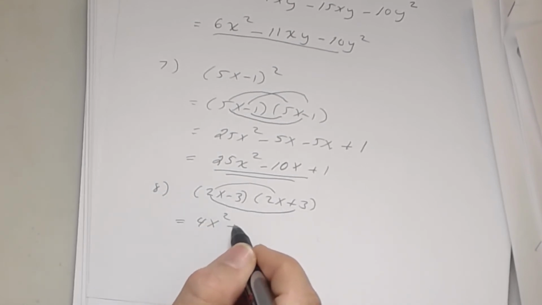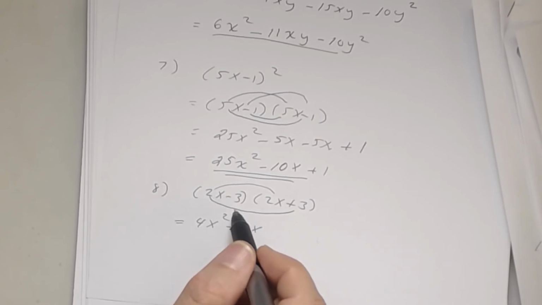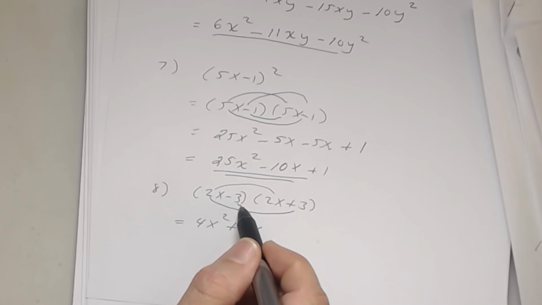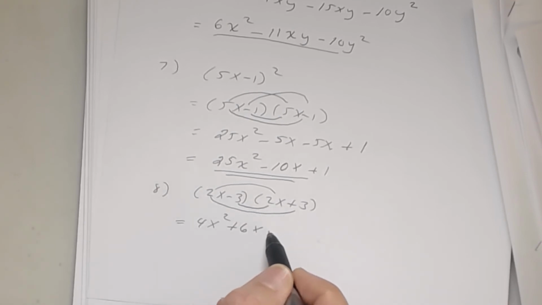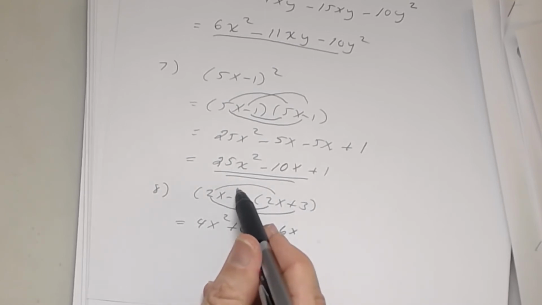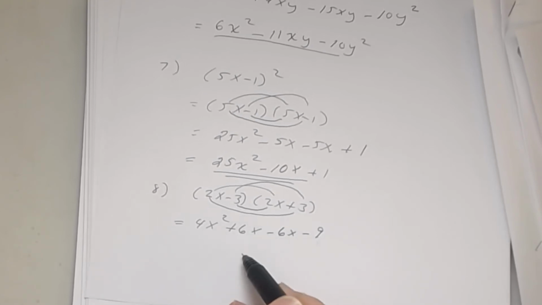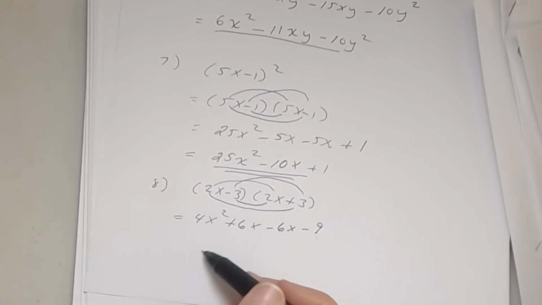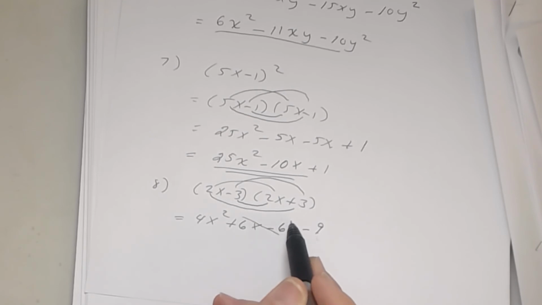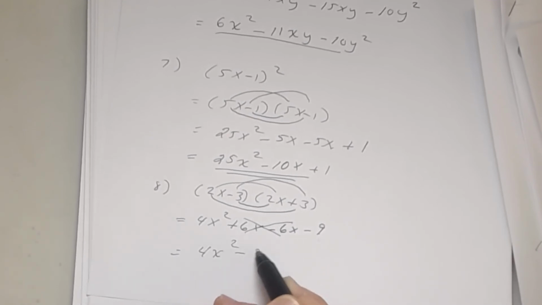What do you get? Oh, 6x. What two terms do you multiply together to get the inner? So I get? Okay. And what two terms do you multiply together to get the last? Which is? All right. What do you notice when you combine like terms? The outer and the inner cancel out, so you're left with 4x squared minus 9.